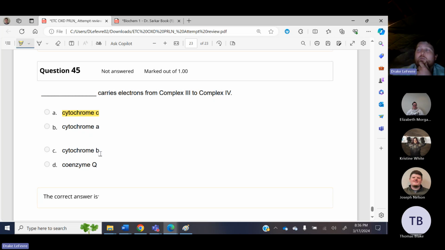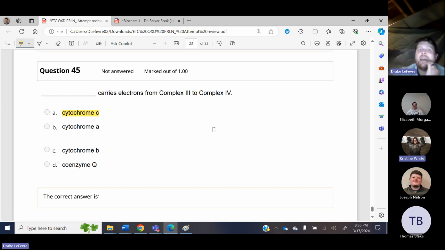Cytochrome B is within complex 3, so that's complex 3. Cytochrome B transfers it to cytochrome C1. And then C1 to cytochrome C, and then it goes to cytochrome A in complex 4, and from cytochrome A it goes to what next? A3. Cytochrome A3, and then from A3 it produces what?